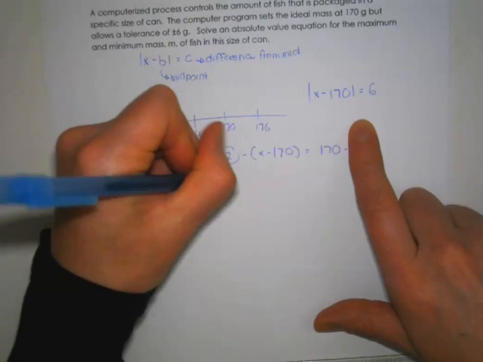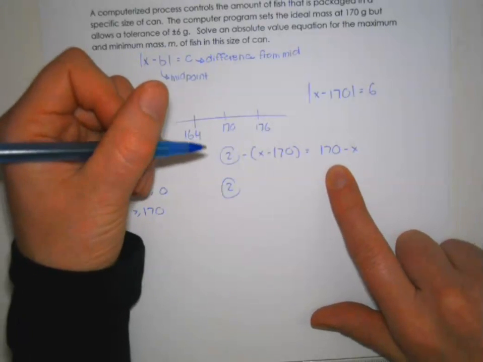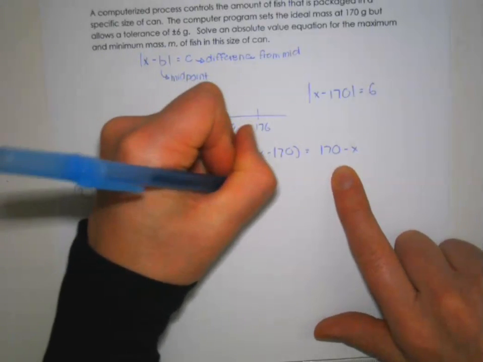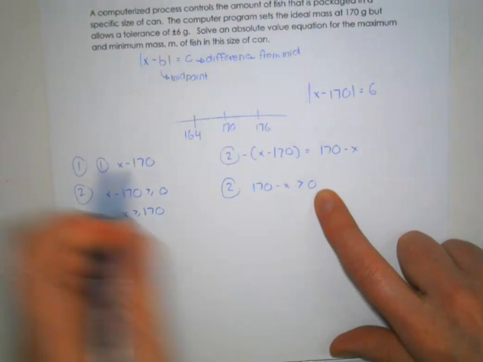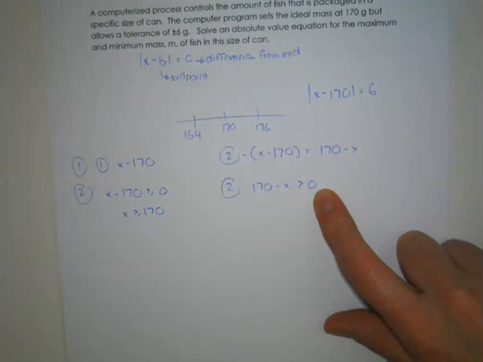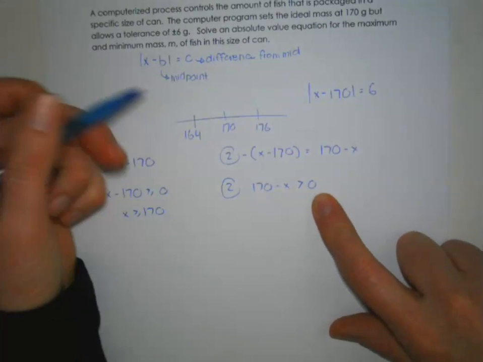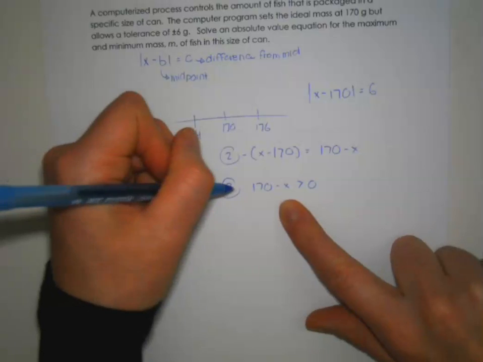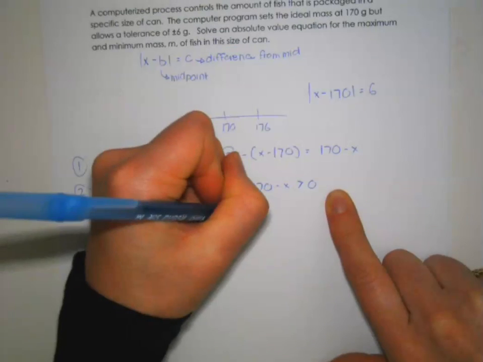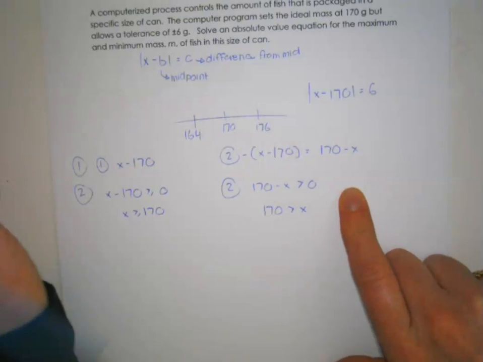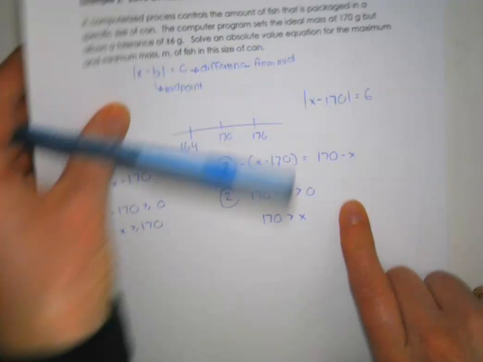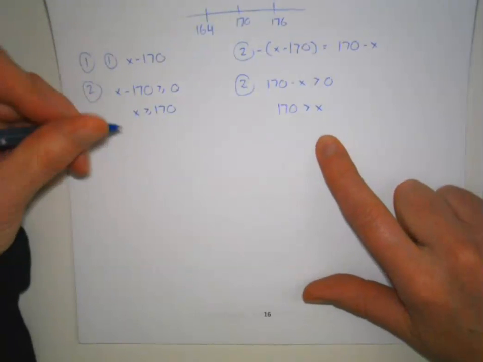For case number 2, 170 minus x has to be greater than 0. If we rearrange, we add x to both sides, and we end up with 170 is greater than x. Okay, so those are our acceptable ranges of values for x.